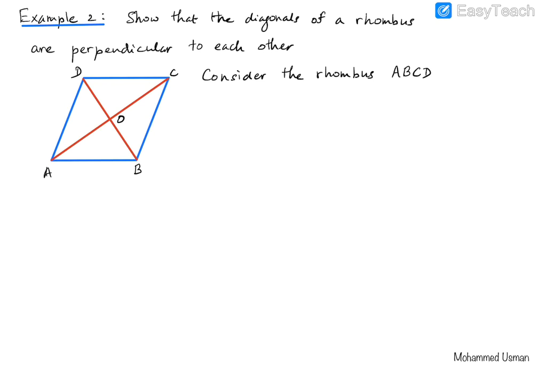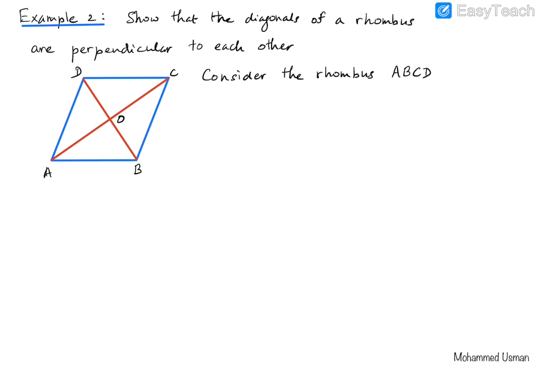So we have a rhombus here, ABCD. We have to show that the diagonals AC and BD are perpendicular to each other. That means the angle between AC and BD is 90 degrees.